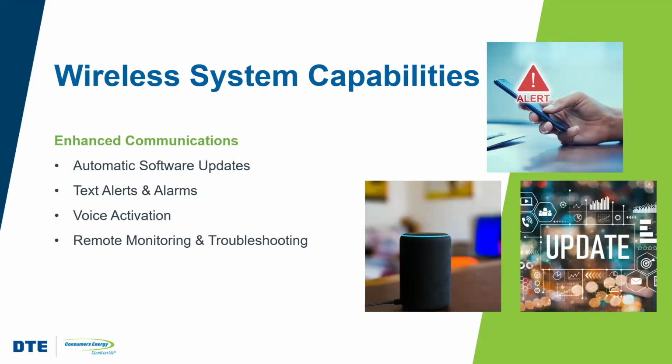The enhanced communications with smart systems include things like automatic software updates, so things are always up to date, and text alerts and alarms, so you know what's happening while you're away from the home. One of the big things for convenience is remote monitoring and troubleshooting. This is where the system can be monitored by a third party, which could be the manufacturer or some sort of controls integrator.